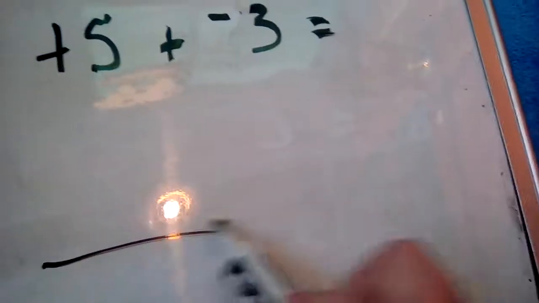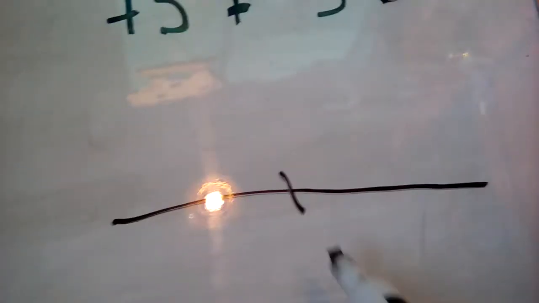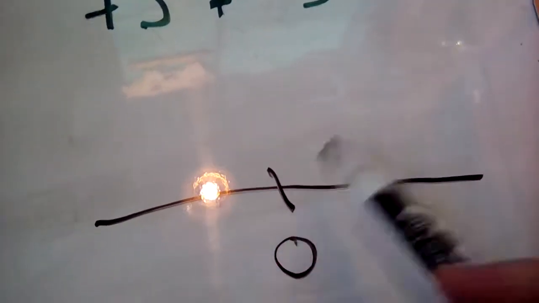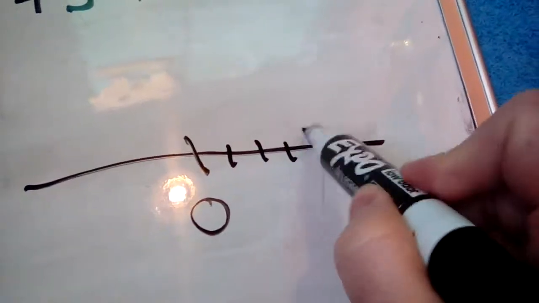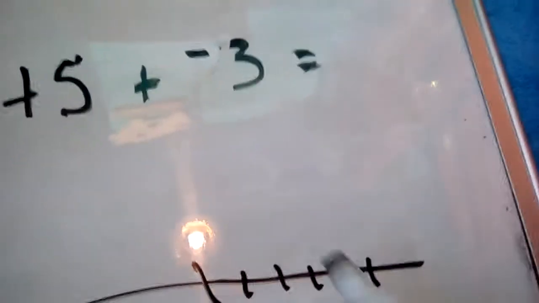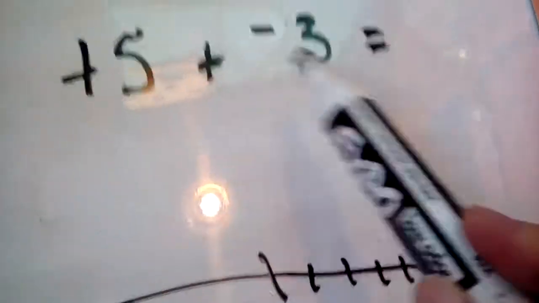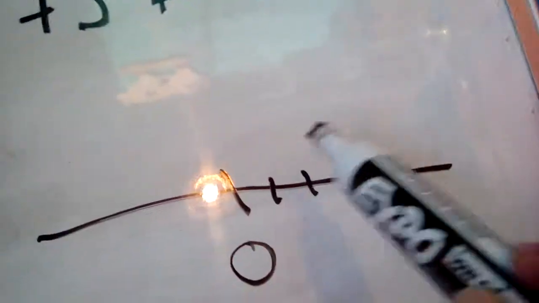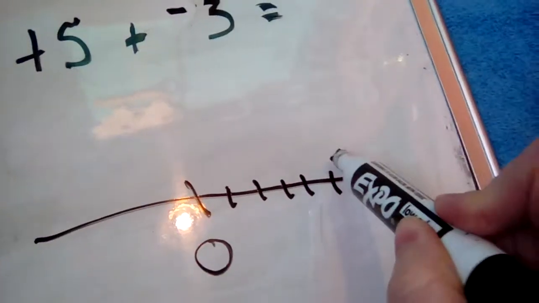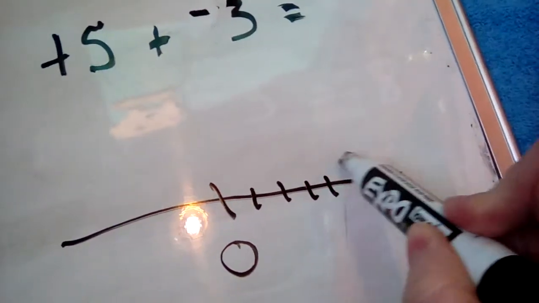So if I have my number line here and I have a 0 and I have +5, 1, 2, 3, 4, 5, and I need to add a -3 to that, I'm basically going to be taking that away, right? 1, 2, 3, I'm going to go towards the negative side.